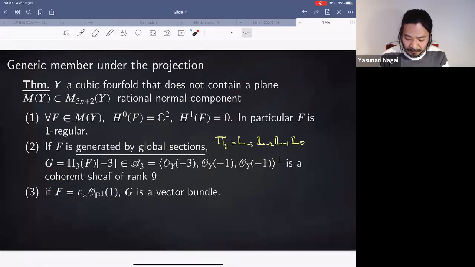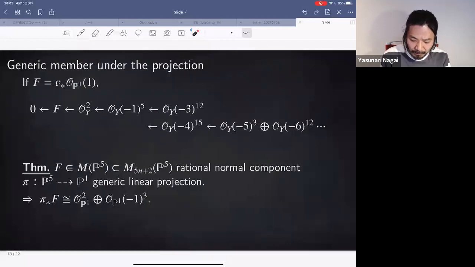And here, somehow the most essential thing is the first claim, because by the vanishing of higher cohomology, we can easily calculate the projected object from the resolution of the sheaf on Y. For example, if our F is the push forward of O1 by the fifth Veronese embedding, then it is really easy to verify that the resolution is of this form.